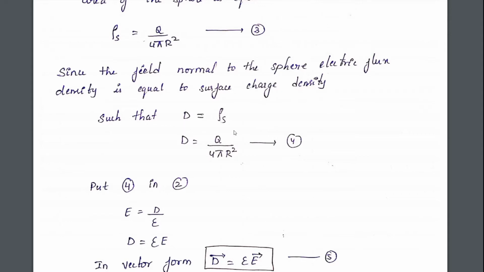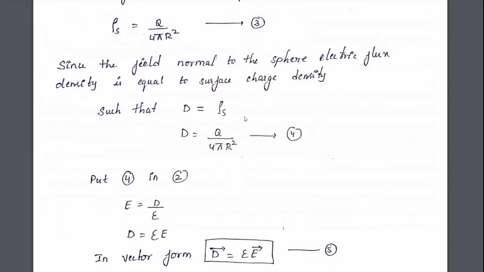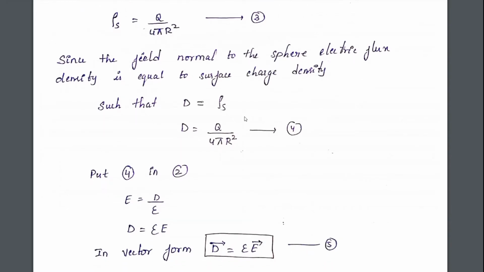Understood? So the field is normal to the surface, hence the value of D will be equal to rho s here. Rho s, which you got from equation 3, is q by 4 pi r square. From that we can calculate the D value.